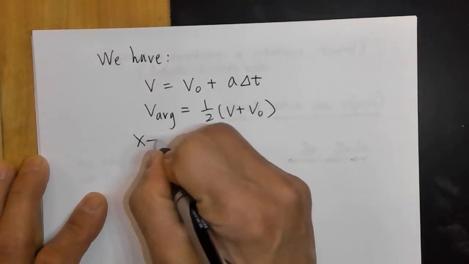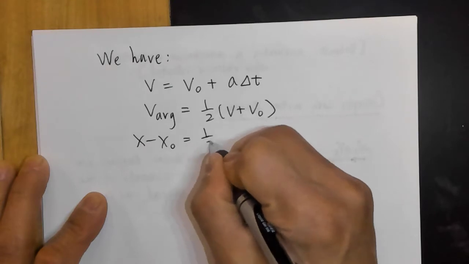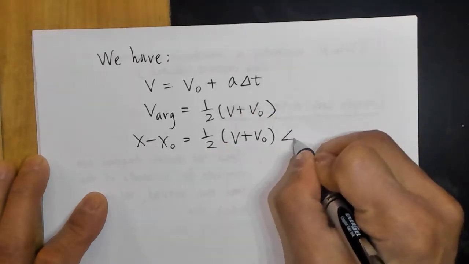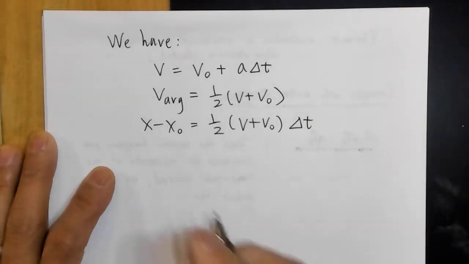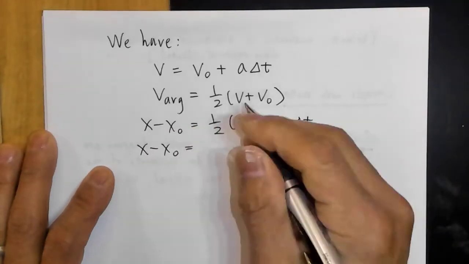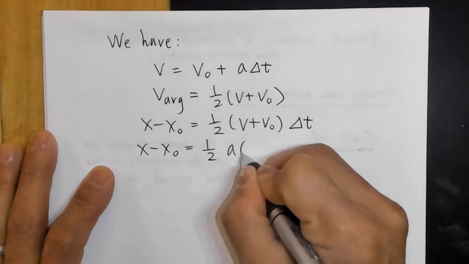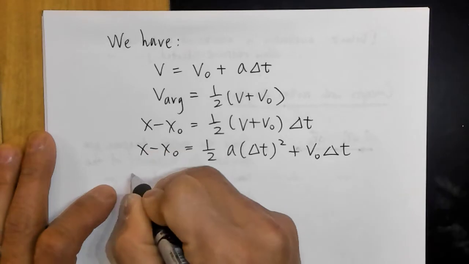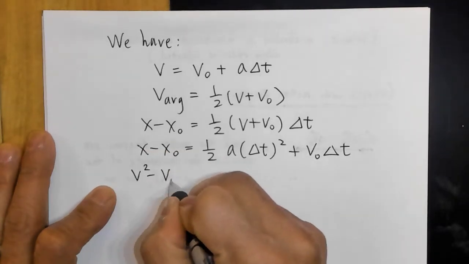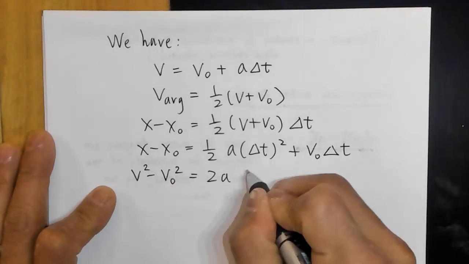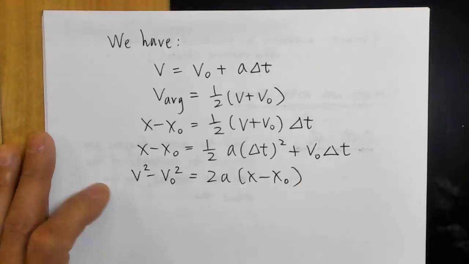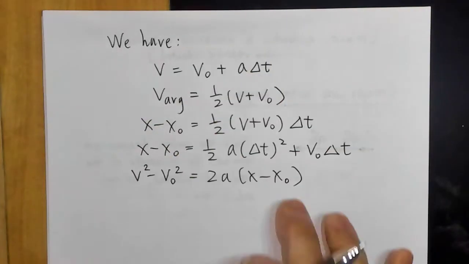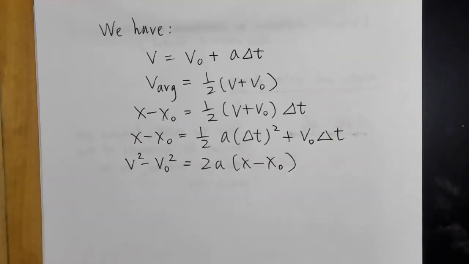We have x minus x0 is equal to 1/2 (v plus v0) delta t. And then x minus x0 is equal to 1/2 a delta t squared plus v0 delta t. And then we have v squared minus v0 squared equals 2a(x minus x0). Okay, so your responsibility is to be able to use these equations to solve problems.